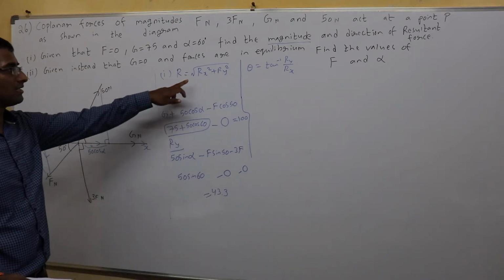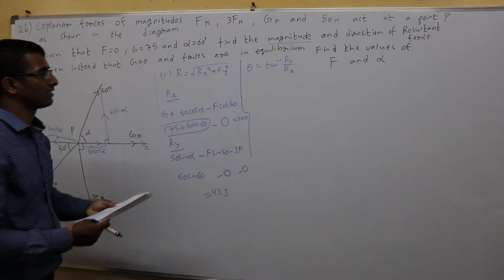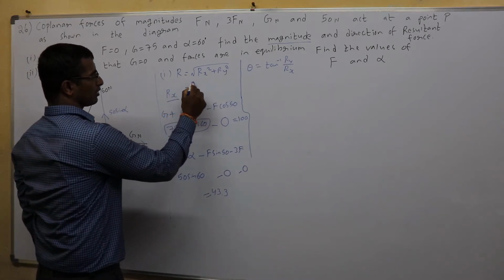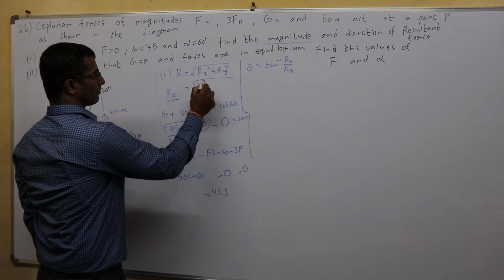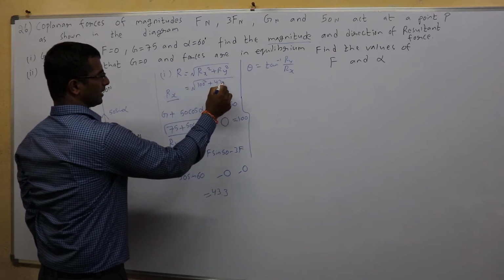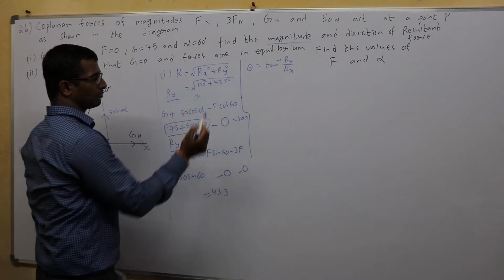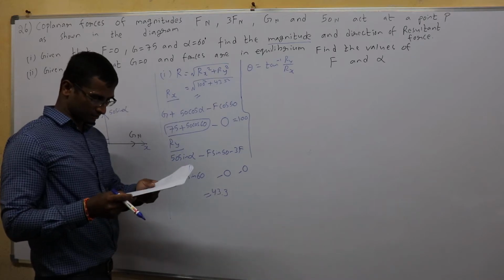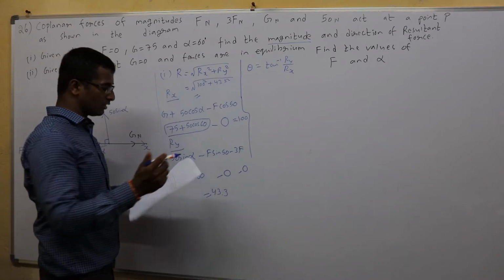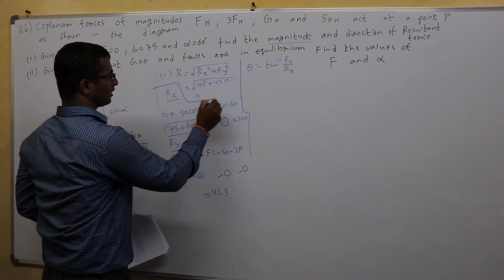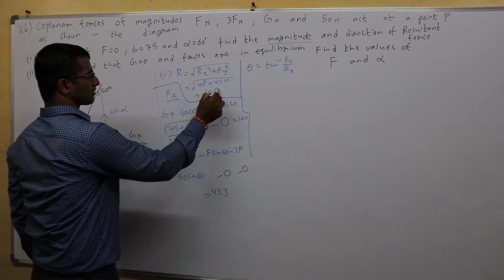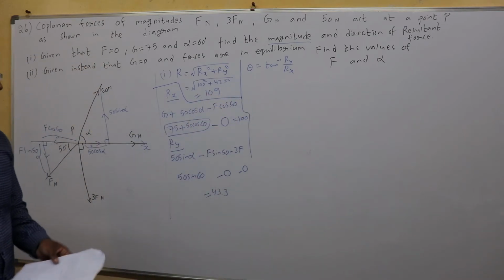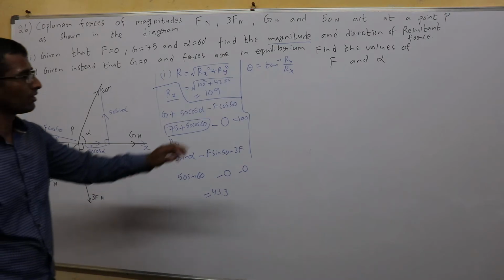Okay. Now place those two values here and there. So it becomes square root of 100 squared plus 43.3 squared. If you put it in the calculator, you get 109, rounded off to 3 significant figures. So the resultant is 109.